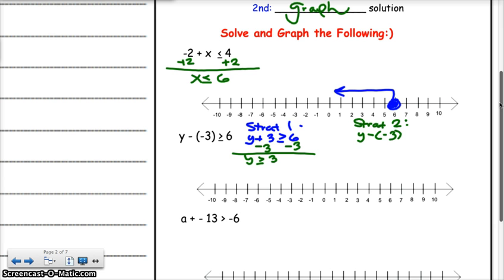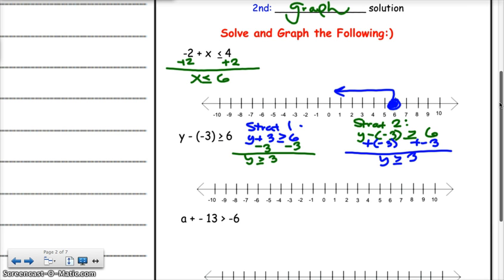You would not have to do this if you like this method. And then I would say, okay, I'm minusing, the inverse of minus is plus, but I'd have to plus that whole negative 3. I have to plus whatever it is I'm subtracting. So I would plus a negative 3 over here, and I get y is bigger than or equal to 3. 2 strategies, same result.